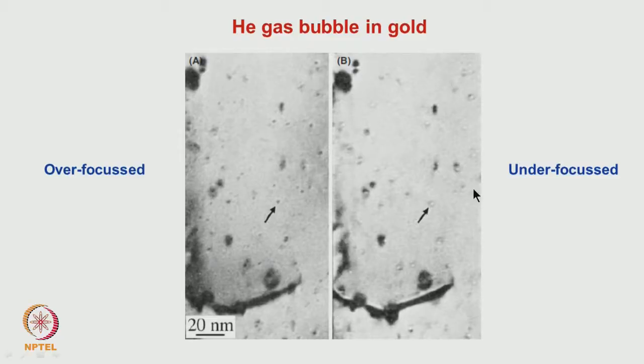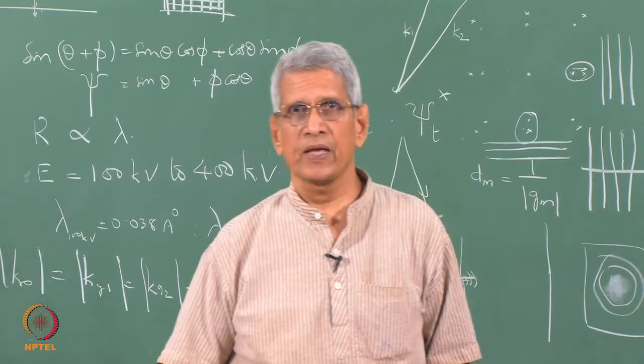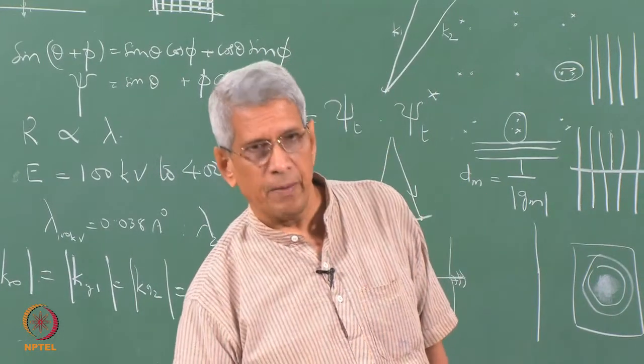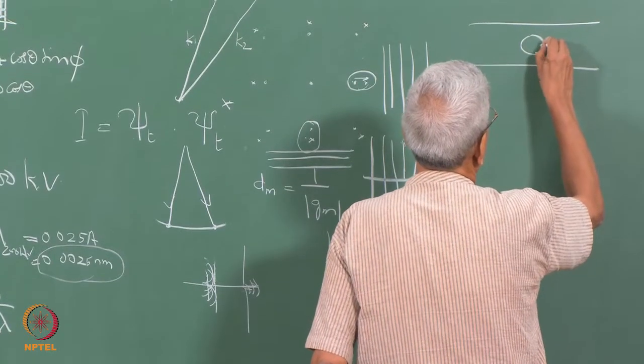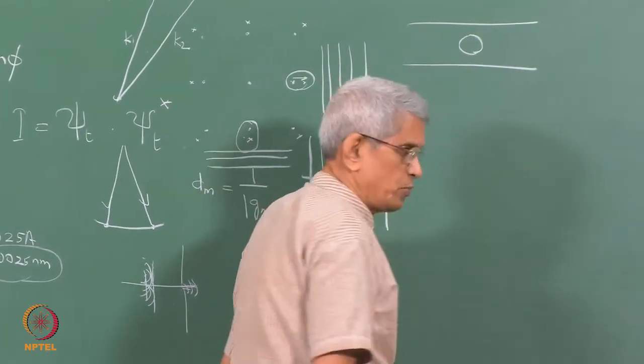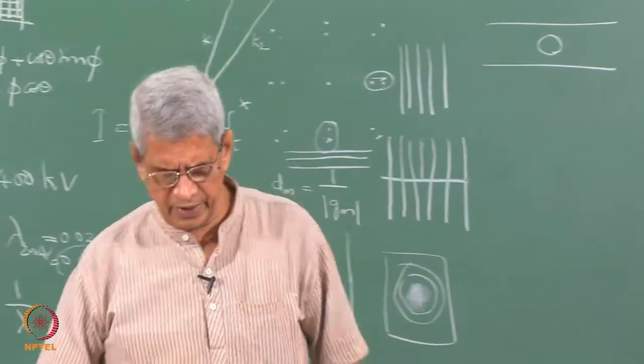Another application we can think of is a sample which is irradiated and contains some helium gas bubbles. The helium gas bubble, in a sample, is something similar to a vacuum. So the potential is 0 there, and on the other side, where the sample is, there is a potential.